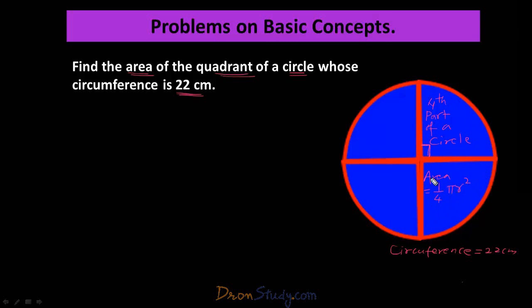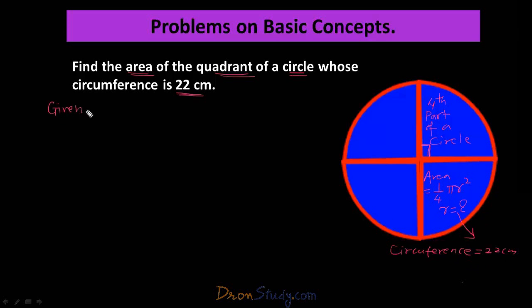So the area of the quadrant is equal to 1/4 pi r square, but here the circumference is given to us, radius is not given to us, and so first we will have to find the radius with the help of circumference. So let us start with given.